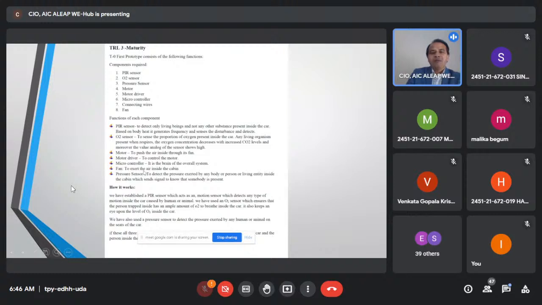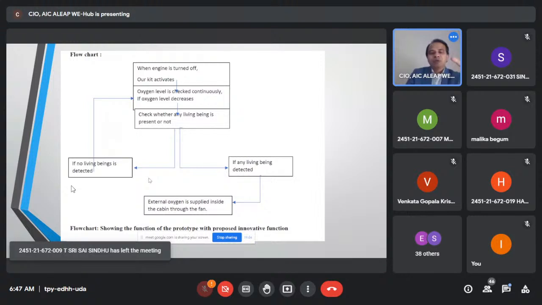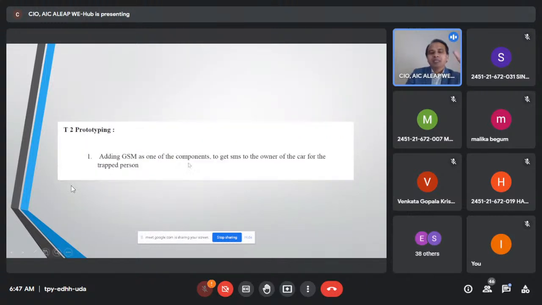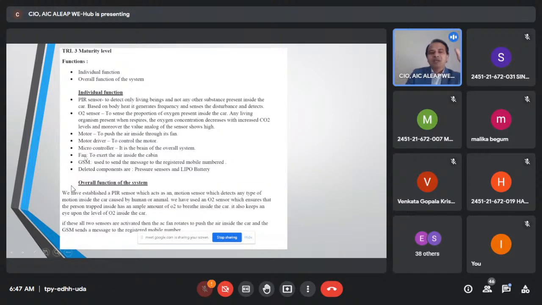When you have mentioned these components and used them for a particular purpose, defined the flow chart, and mentioned the drawbacks in that prototype, like some function should be added for better communication of the device, you add that component by name GSM, and then the next level will come with the addition of the GSM. You can see here the addition of the GSM.